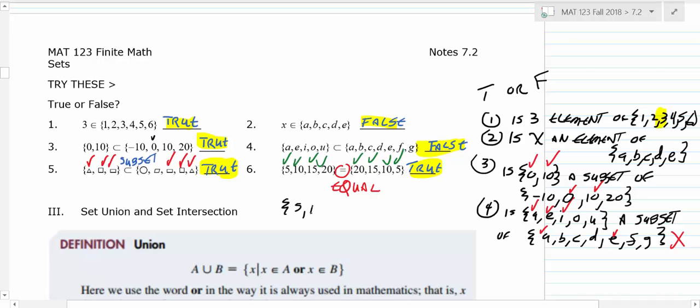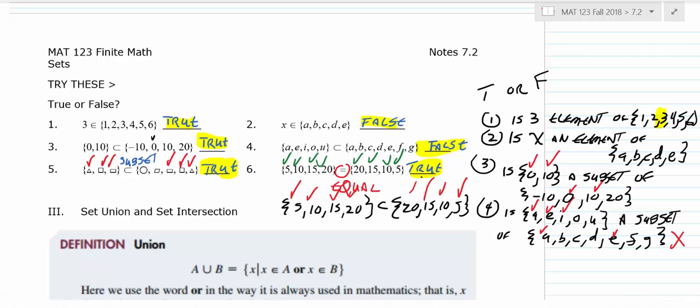Basically, one thing you might write down is 5, 10, 15, 20. It is a subset of 20, 15, 10, 5, because the definition of a subset is every element that's in the first set is also in the second set, and clearly it is. They are equal, but that's also a subset. That follows the definition.